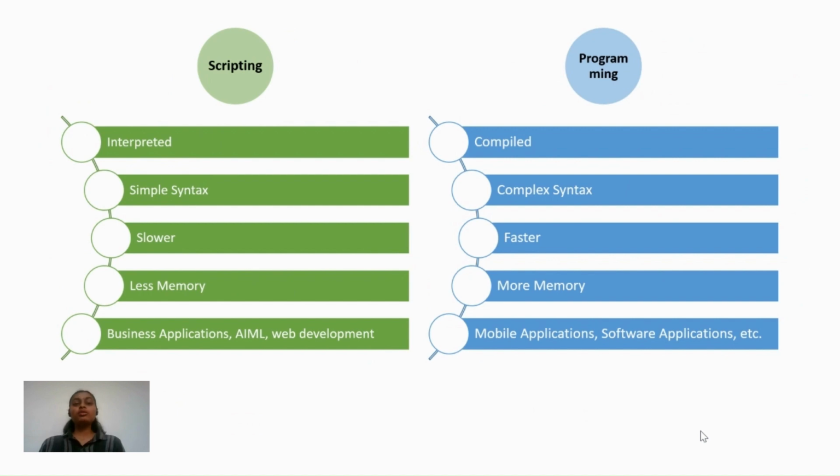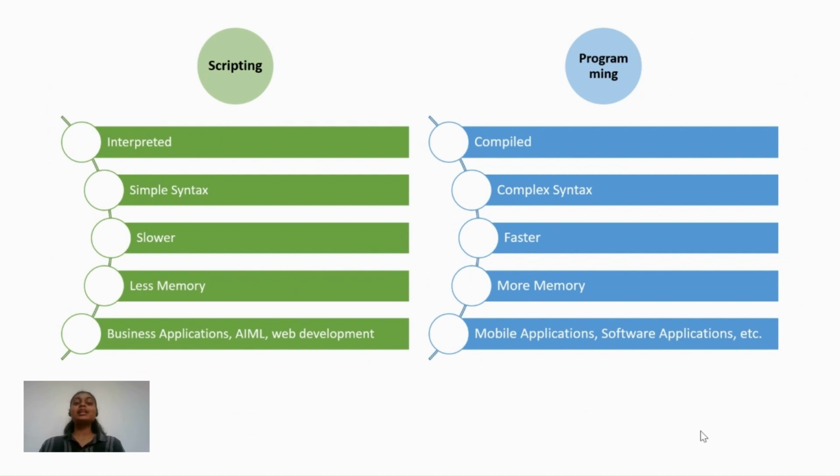So the structure of the scripting language is very simple because we are using an interpreter, as one line of code is converted at a time. Here the structure is very simple. But in programming languages, the structure is very difficult to understand at times. The scripting language execution speed is very slow because here we are converting code line by line into machine code.